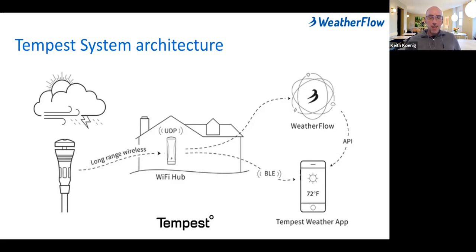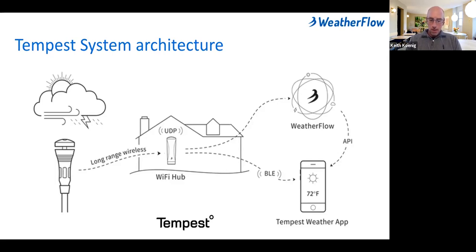Our engineering team tested, I think, 27 or 28 different combinations of radios and found one strong combination that has a great wireless range. Those data packets are sent from the Tempest sensor device into a receiving hub. We deliberately designed the system as 2 different components so that when we want to change out the hub to some future technology, the sensor device does not become obsolete.